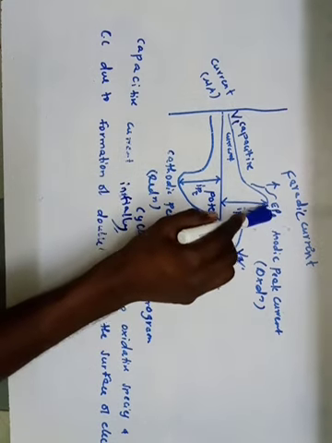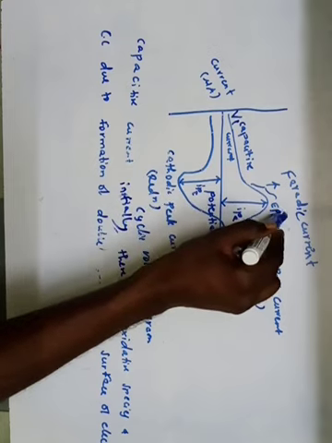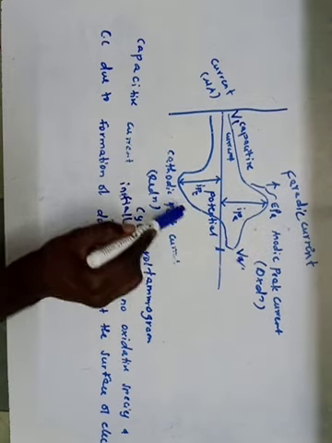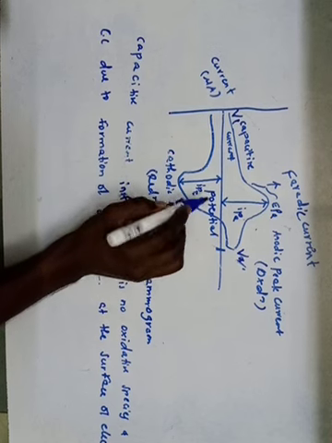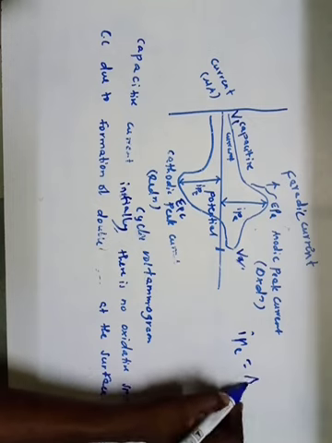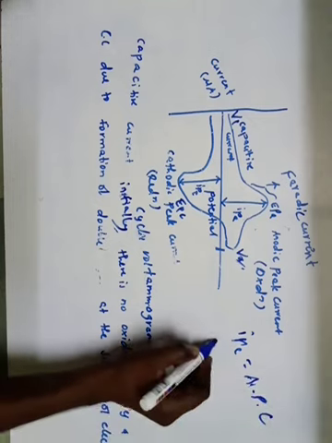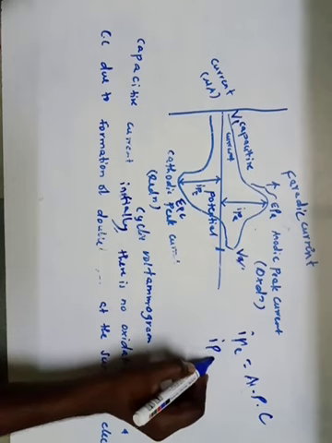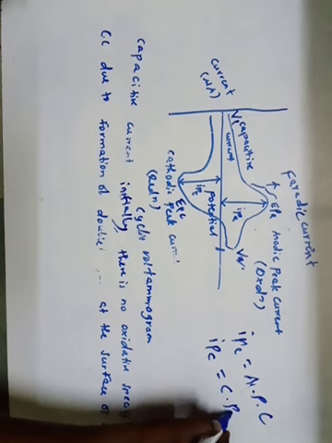Here EPA is the electrode potential at the anode, and EPC is the electrode potential at the cathode. IPA means anodic peak current, and IPC means cathodic peak current.